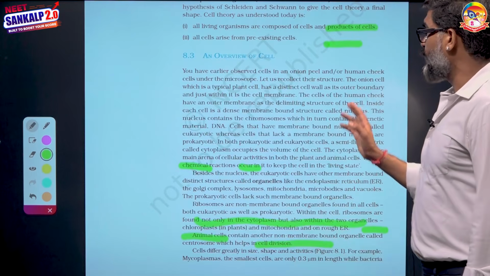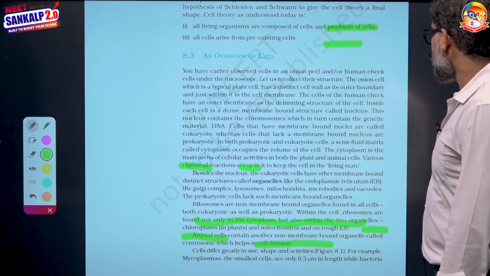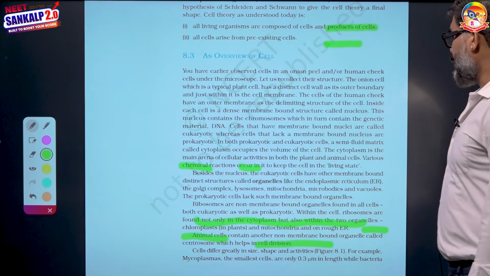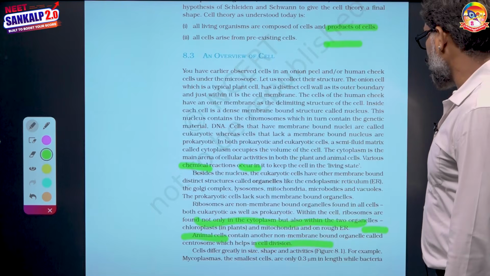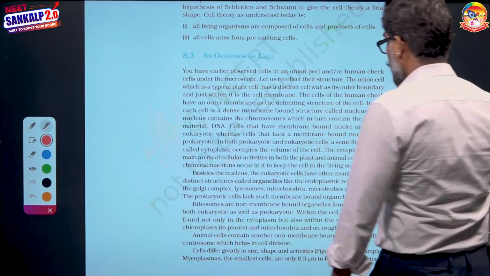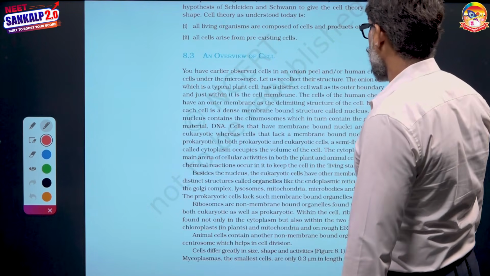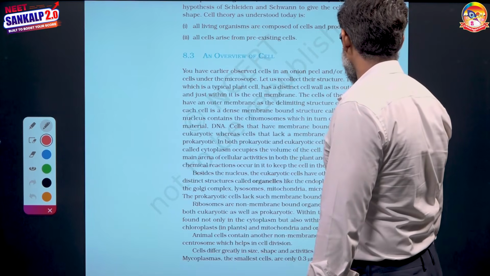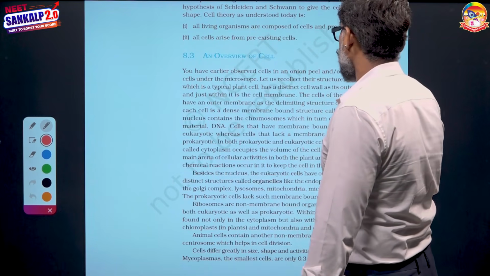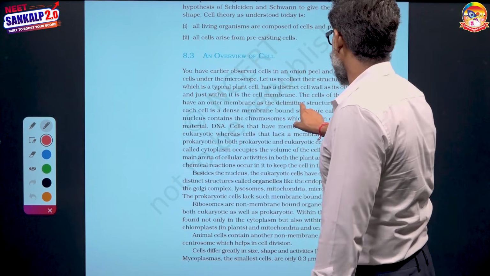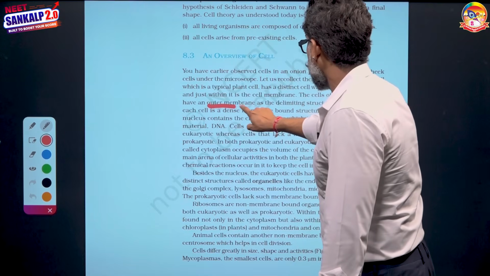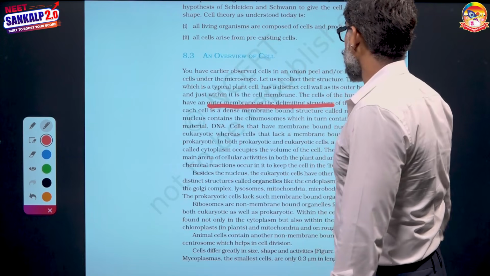Later on, an overall view of the cell is given here. In this paragraph, there are a few important points that you have to keep in your memory. One point: cells have a membrane-bound structure; the cells have an outer membrane as the delimiting structure.